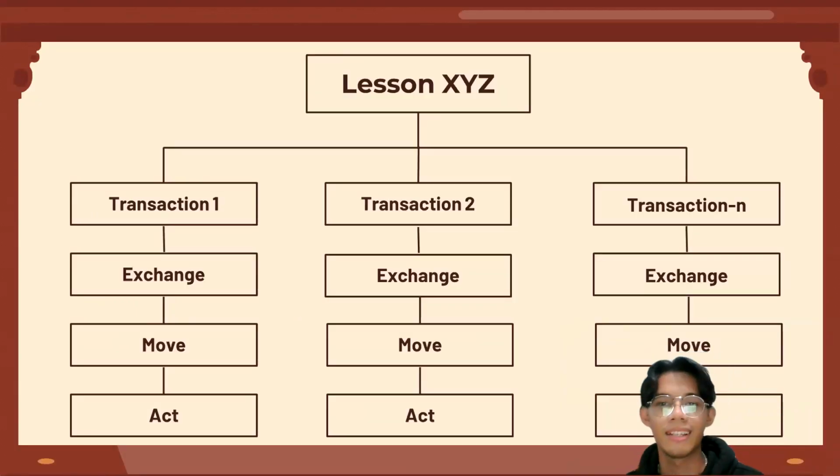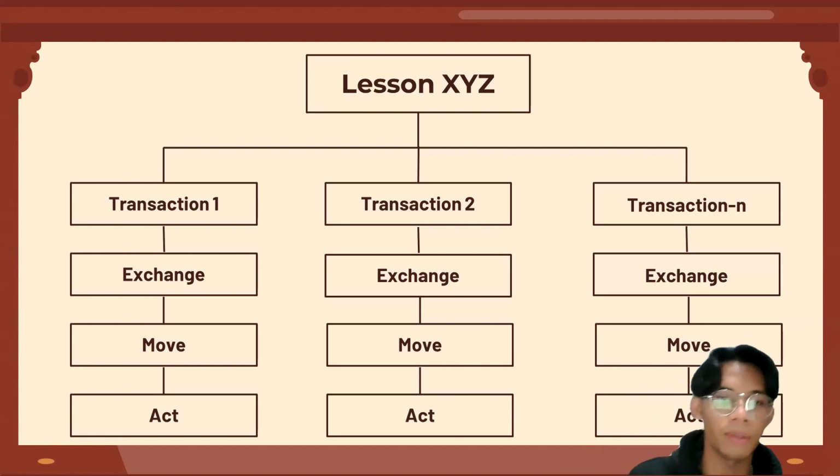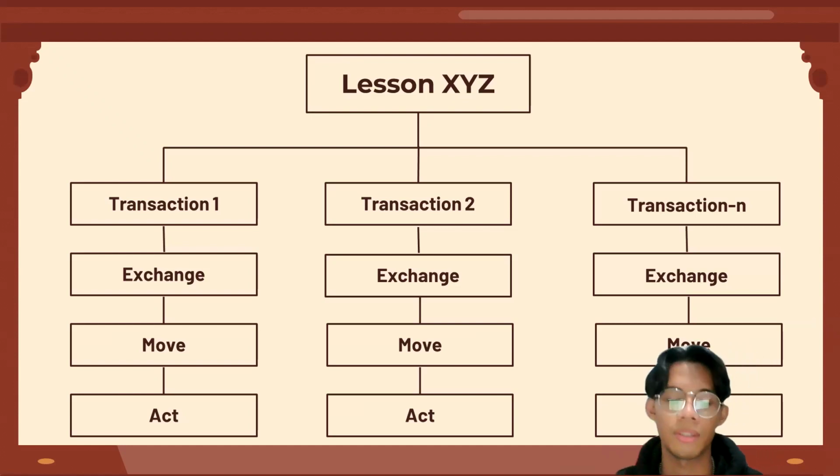Here you go. You can see at the very top, there's the lesson XYZ. It means that the context is on one lesson. So there is a transaction, exchange, move, and act. What is it all about? First, we talk about the transaction itself.